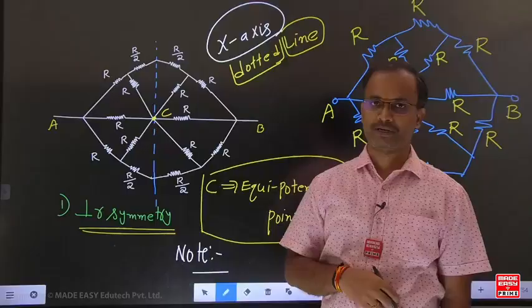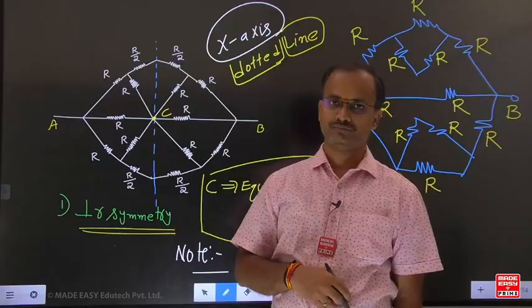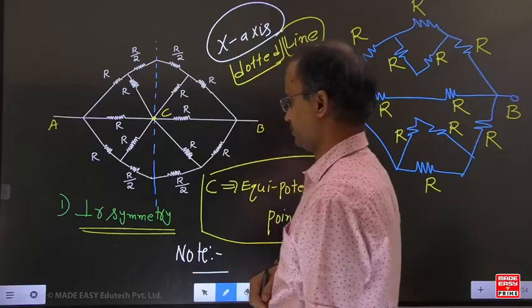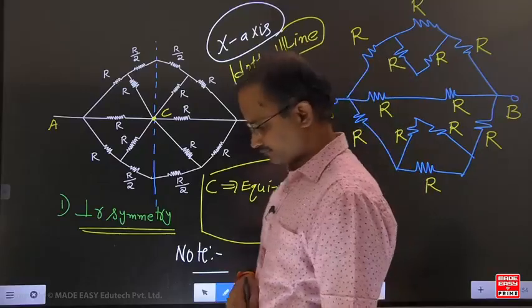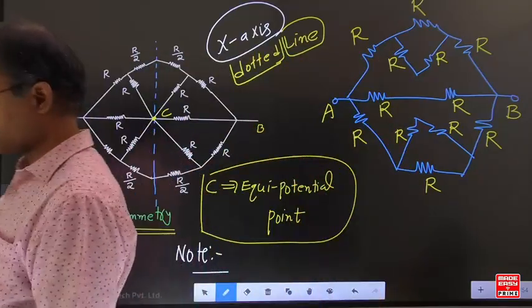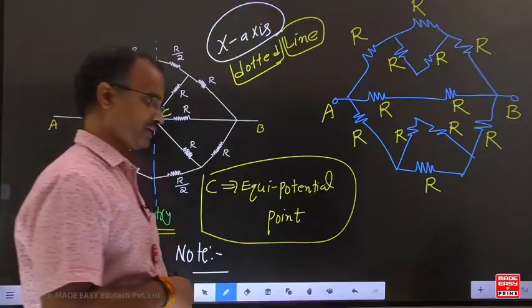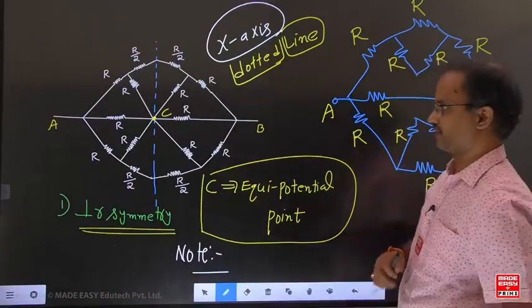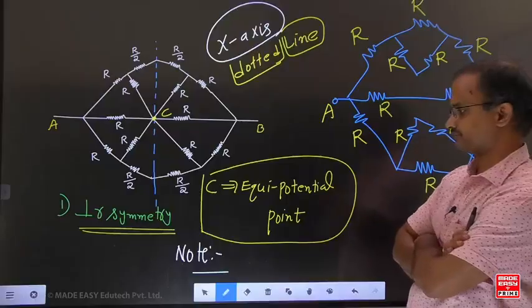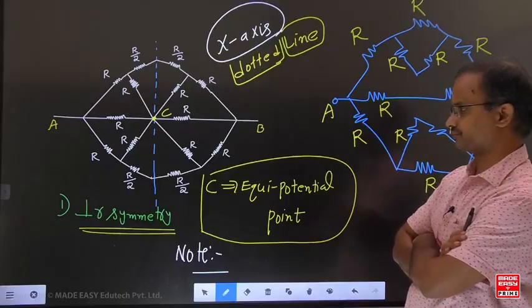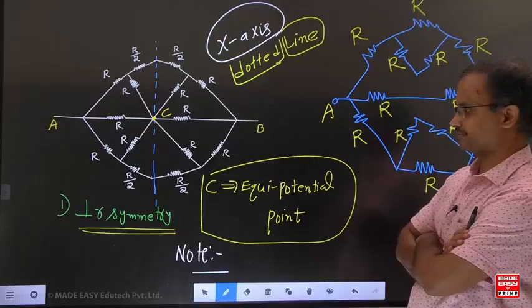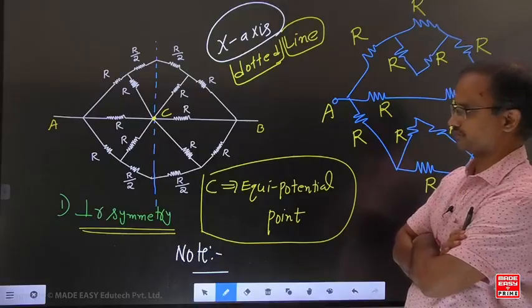In the brackets write perpendicular. With respect to the dotted line, the given network is symmetry. Next point.